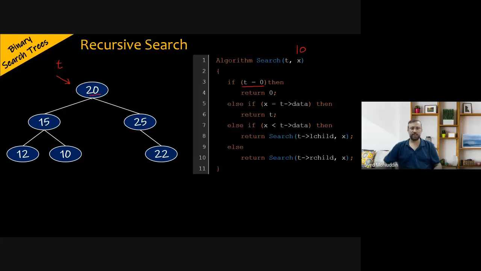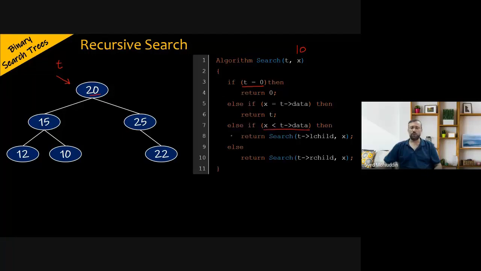Data is 20, that is the data stored inside the node. Now even this is not true. So if we look at the next else if statement, the condition, X is less than T of data, that is 10 is less than 20. Obviously 10 is less than 20, so this condition is true.